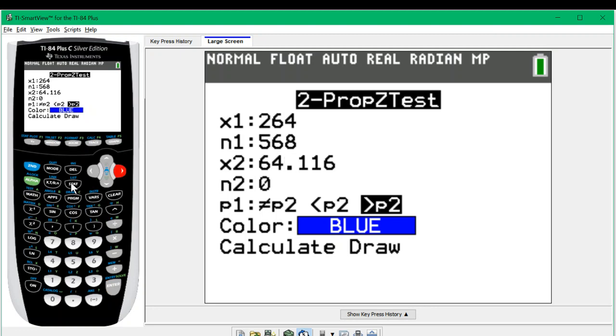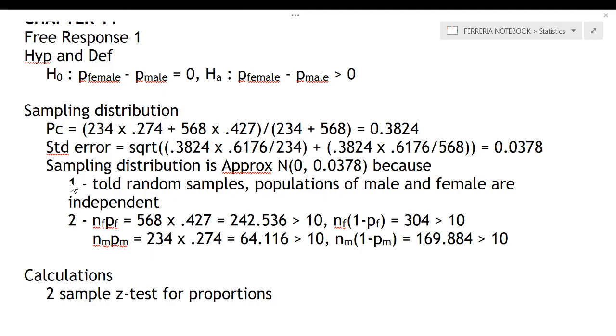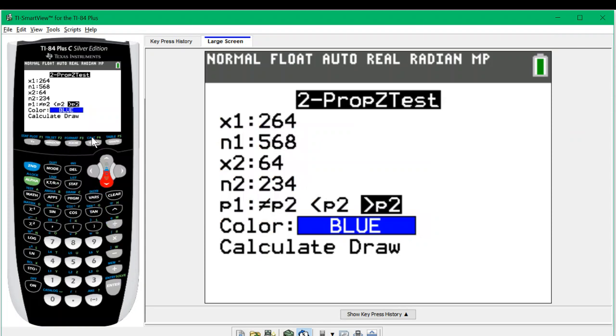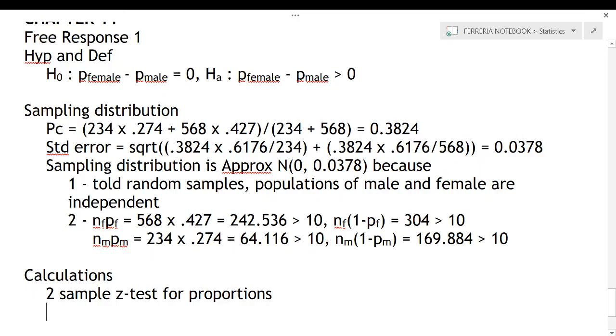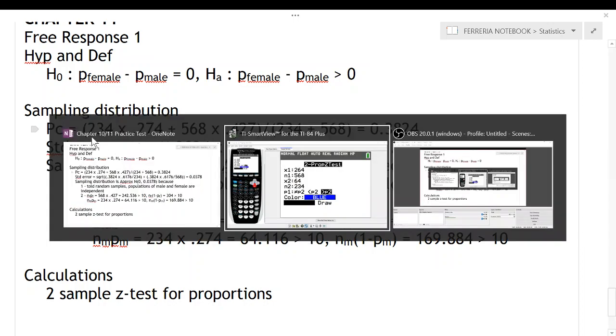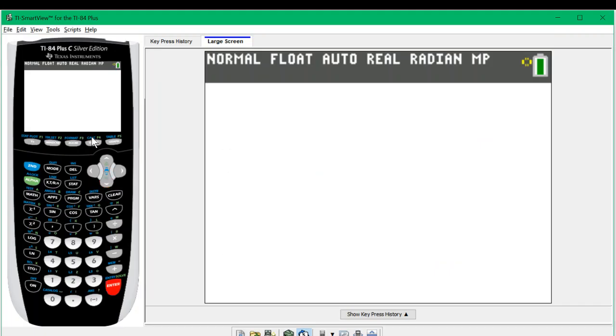You've got to make that a whole number, so that rounds to 64 out of the 234 males. And we said the proportion of females is greater than the proportion of males. Is that right? Yeah. Okay. Calculate.